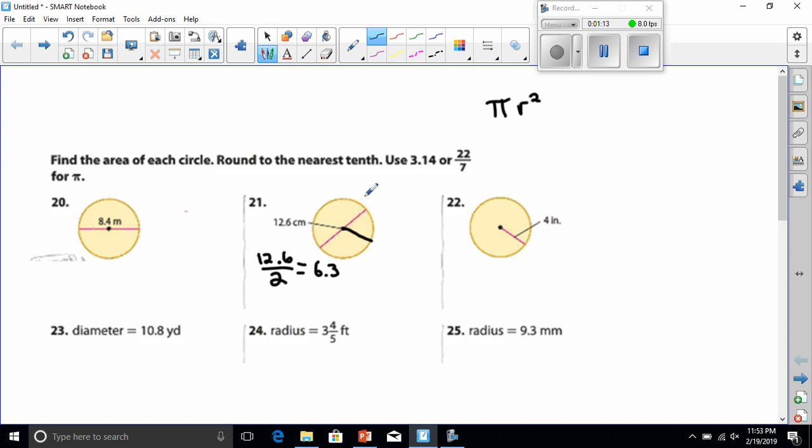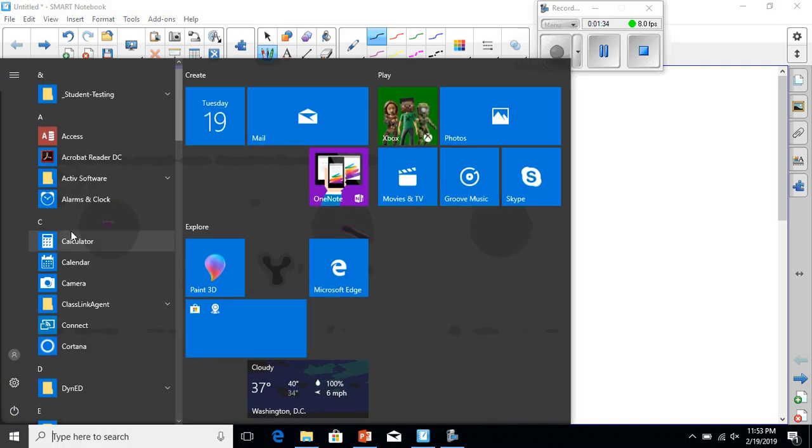Now we've got to take 6.3 and square it, and then multiply it by pi. Let's figure this one out first: 6.3 squared. This is going to require a calculator.